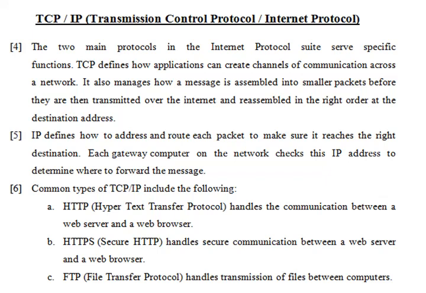For example, if we are doing a banking transaction, then we need to have HTTPS. And the last one is File Transfer Protocol, which is very important. This protocol is responsible for uploading and downloading files. So generally when we are downloading and uploading files on our laptop or desktop, FTP is the one which is responsible.